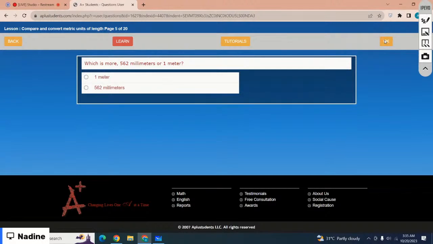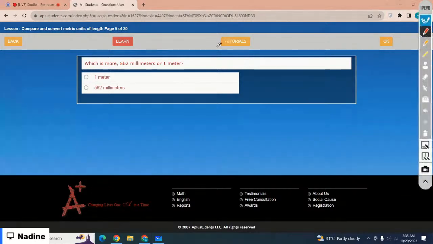Which is more, 562 millimeters or 1 meter? Which is the correct option? In 1 meter you have 1000 millimeters.